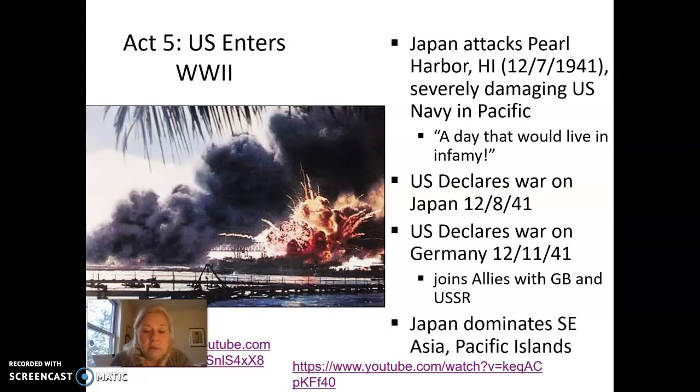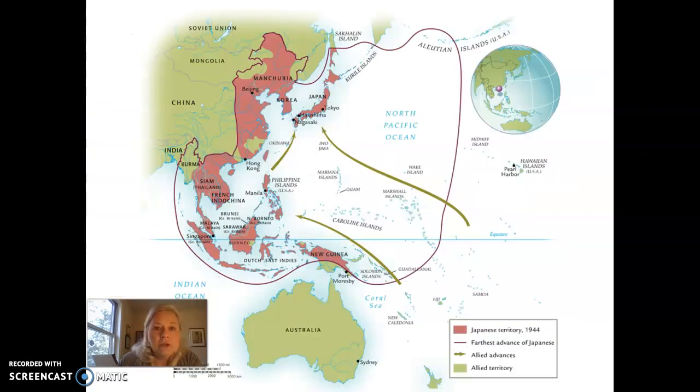Now, Japan will dominate Southeast Asia and the Pacific Islands, but eventually, as we know, things will turn around for Japan. So this is a map of Japanese territory at this time. You can see that Japan has really control of what we call French Indochina, Thailand, Singapore, Borneo, Manchuria, much of the eastern part of China, and many of the islands.